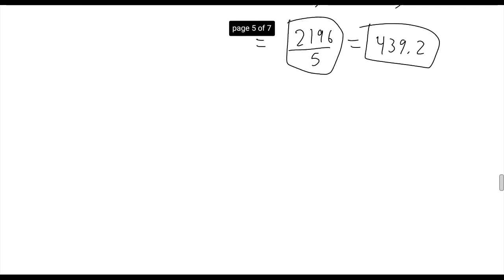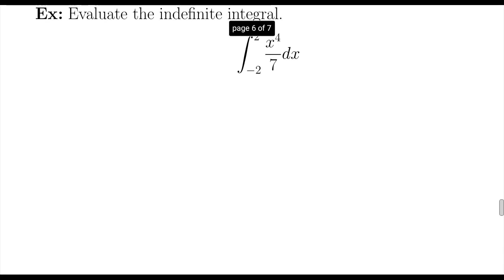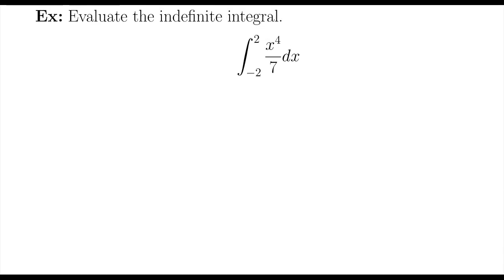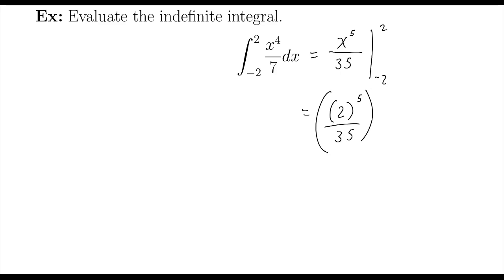All right, let's do another one. We did find the antiderivative of this one already, but we'll do it again. So x to the 4th, add 1 to the exponent, x to the 5th, divided by 5. That's going to give me 35 on the bottom there. Evaluate it from negative 2 to positive 2. Well, let's plug it in. So it's going to be 2 to the 5th over 35 minus negative 2 to the 5th over 35.